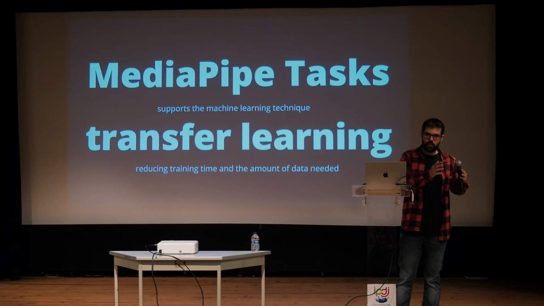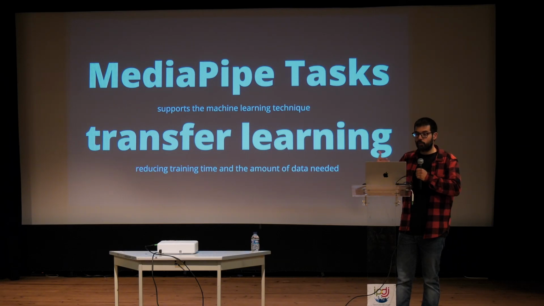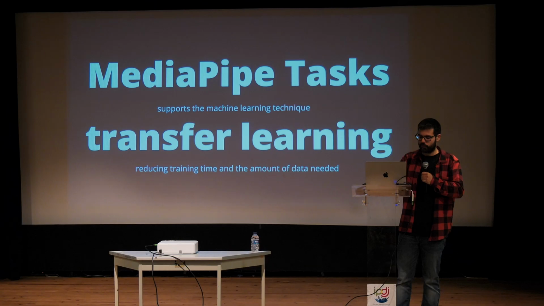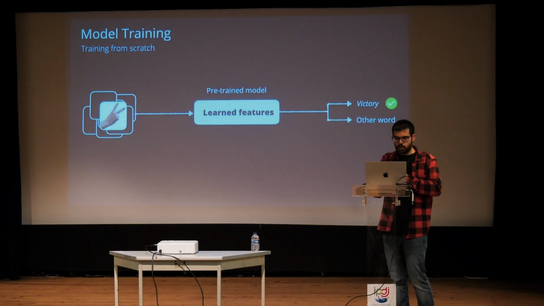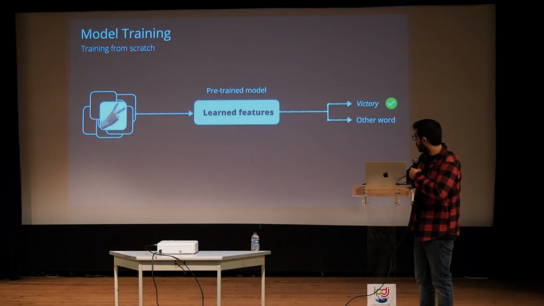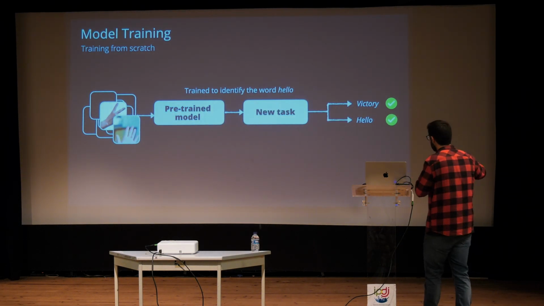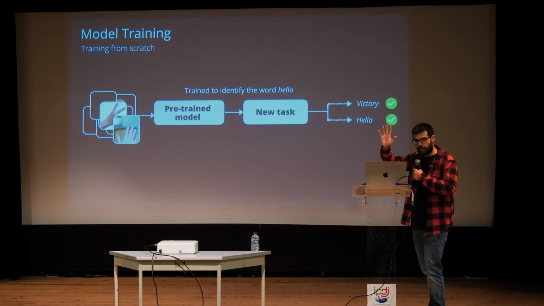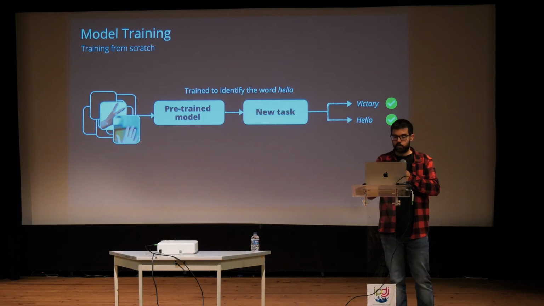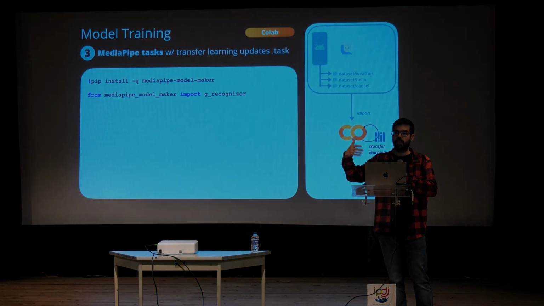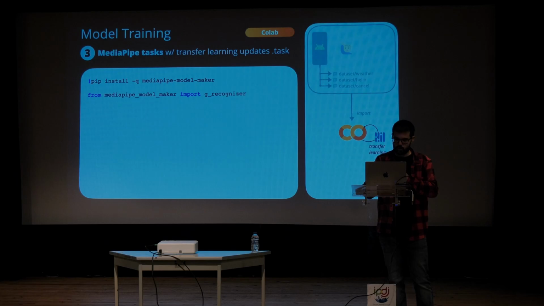You don't need to train your entire model, and you're going to have high confidence on that model because it was already pre-trained by Google. And it's incredibly fast to do this. Once again, you've got a set of features already learned, so it has the victory sign. Now imagine that I wanted to train with hello, so just the hand like this. I'm going to train it with a new task, and it's going to be capable of understanding what hello is.